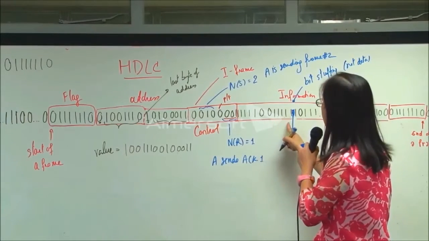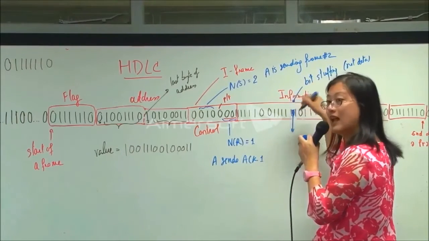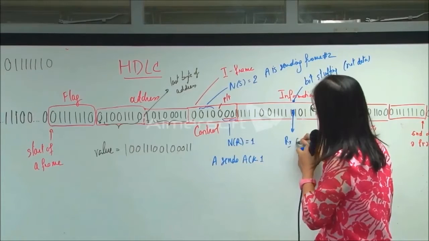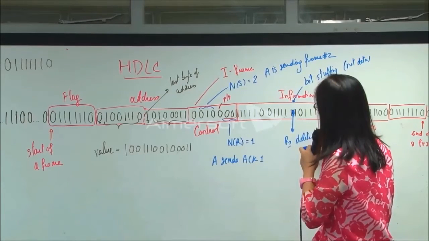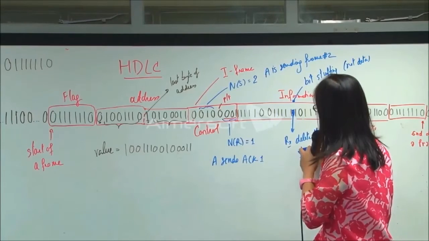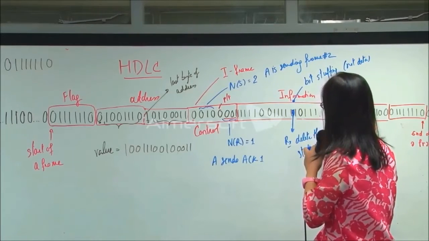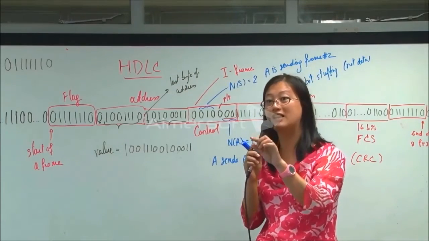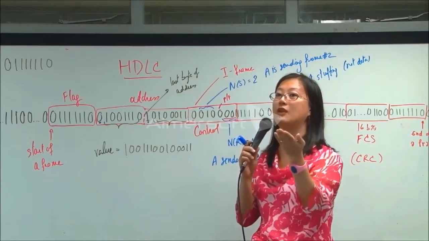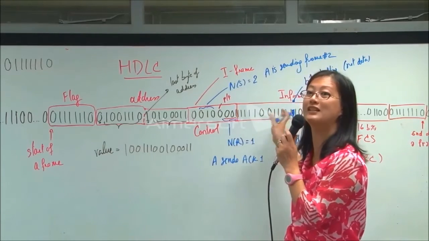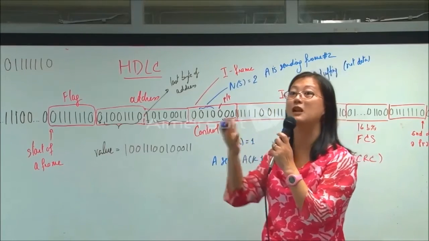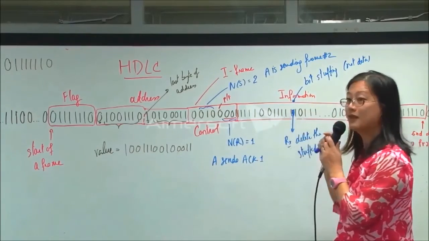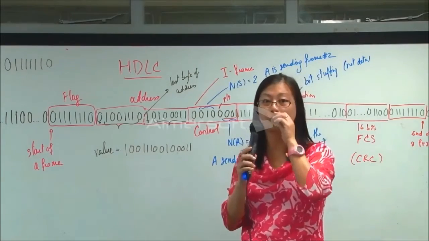So every time they see 5 ones, they will take away the 0 after that, deleting it, because they know that this is not the data, it's just added so that you will not get confused, right? If not, the receiver cannot find the real flag, because you found something inside the information field that looks like a flag, so you can get confused. But if you have bit stuffing, then no problem. So this is one way to prevent it.